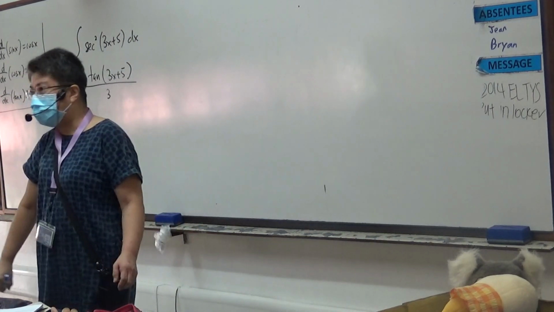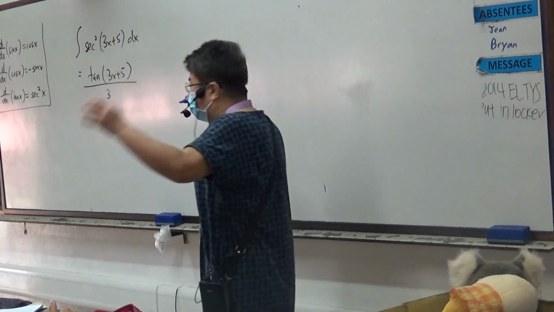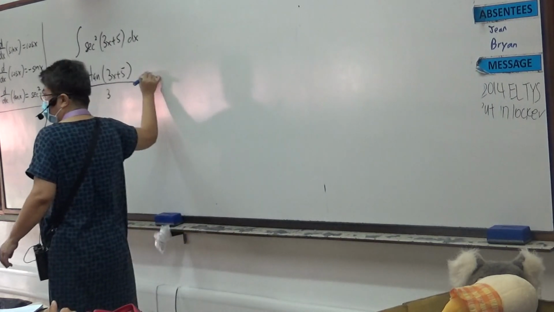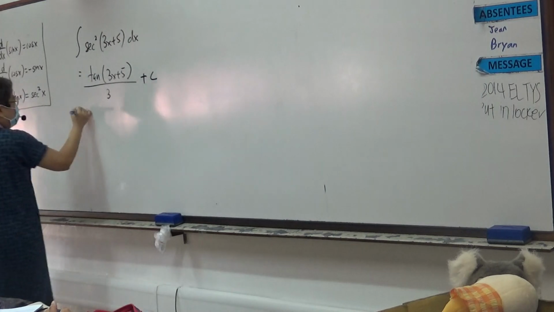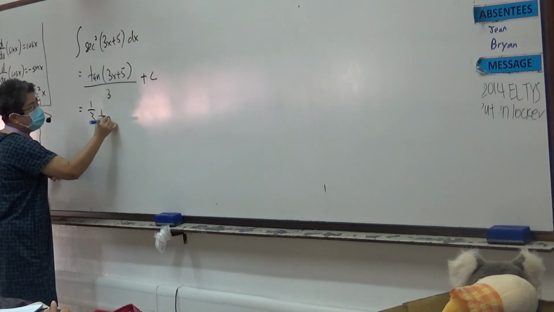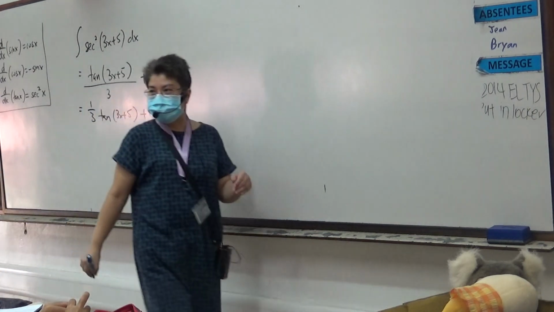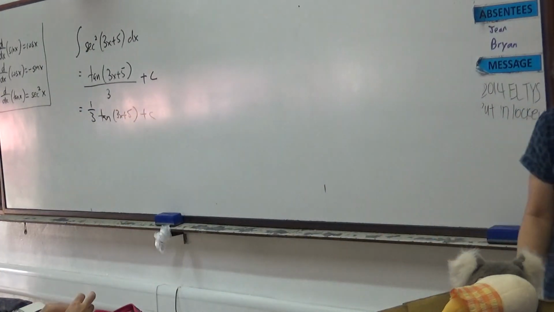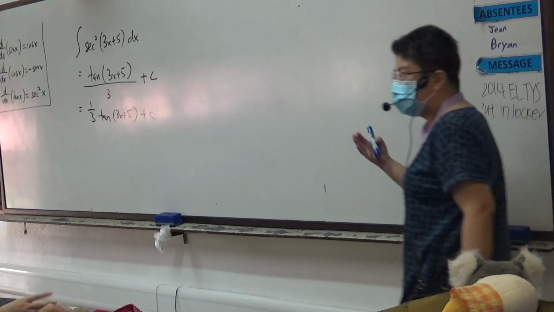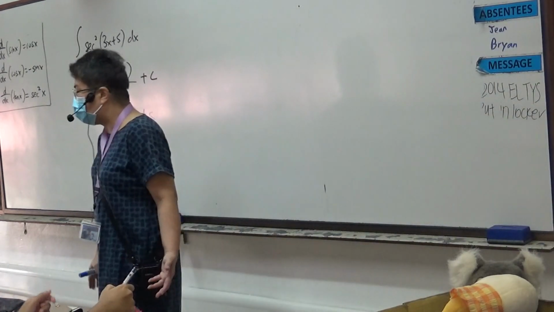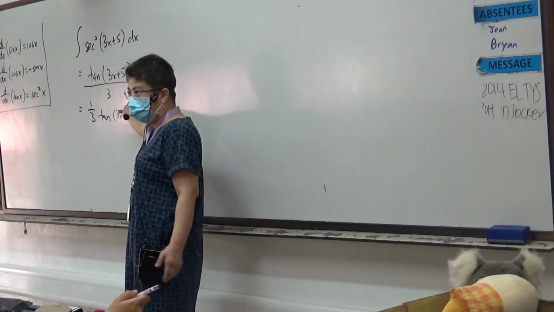Remember, I must divide by the differentiation of the inside. Then I must plus what? See, if you think about it, it's actually the same as what the textbook has suggested. You put 1 over A. 1 over A is actually divided by A. It's the same thing, so it is okay to leave it like that also.